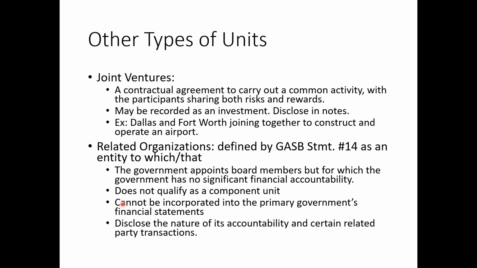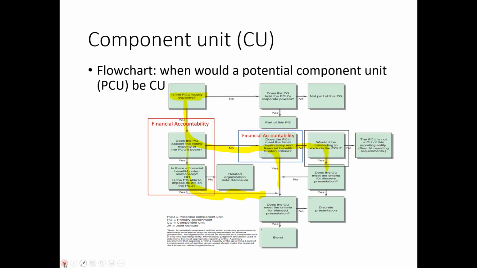And if it's not a component unit, we're not going to report it, and it cannot be incorporated in the primary government's financial statement. We're going to disclose the nature of its accountability and related party transactions between the related organization and the primary government.